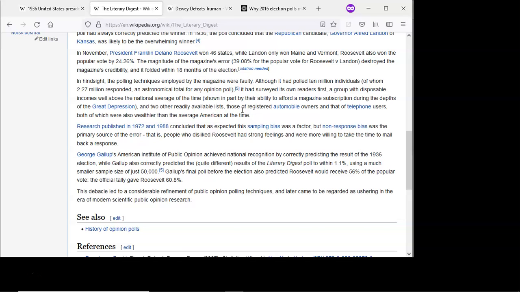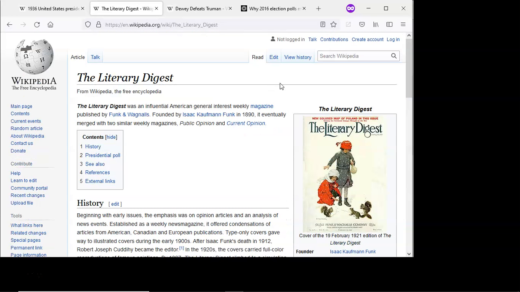Nowadays, George Gallup is not really associated with an individual, just one mathematician, but now it is a huge company, one of the biggest statistical polling, surveying and analysis companies in the world. That's how Gallup started, and that's how Literary Digest failed.